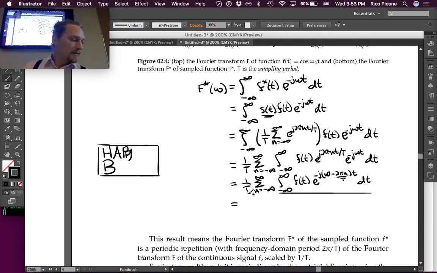So what we're left with is 1 over t times the sum from n equals negative infinity to infinity of the Fourier transform of f, evaluated at omega minus 2 pi n over t. Okay?